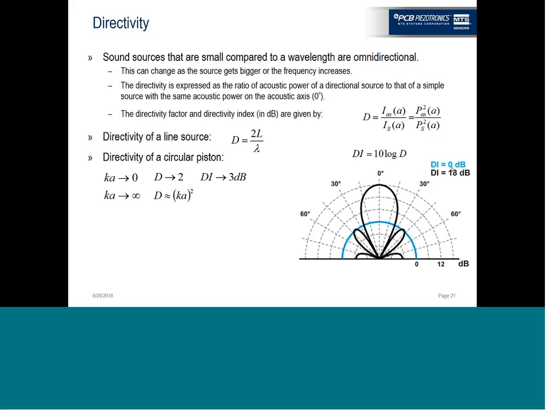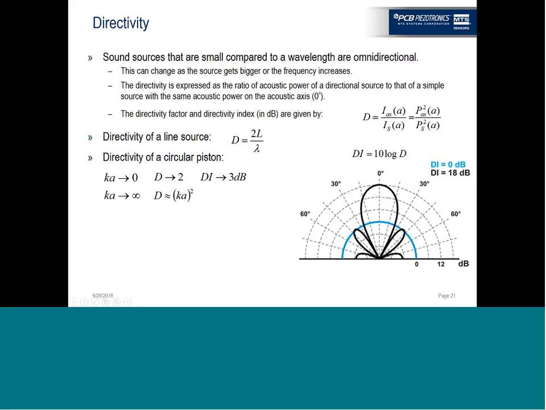When you talk about the directivity of a circular piston, so a baffled piston, it's all going to matter Ka, where a is, I believe, the diameter of your piston.